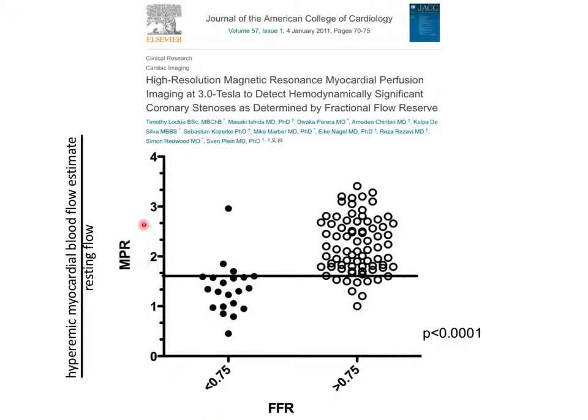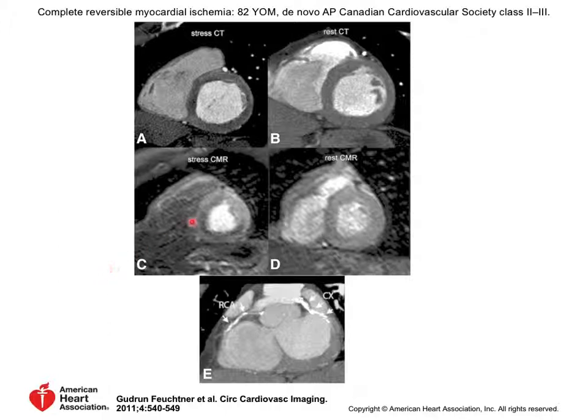This axis here is the myocardial blood flow estimate divided by resting flow, in terms of the hyperemic response on the T1 weighted image. So if we go back to the picture, in the normal tissue, when I look at my rest and then I look at my stress, the ratio of the signal here to here is like the hyperemic response.